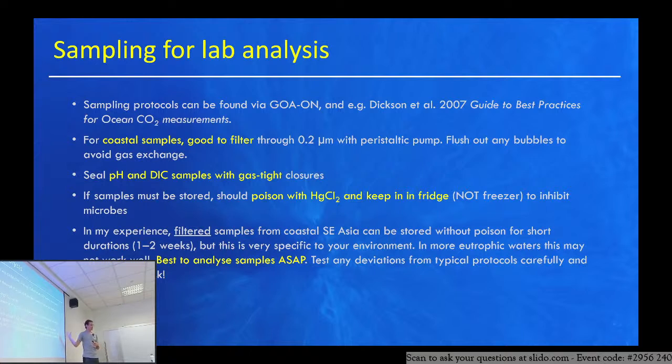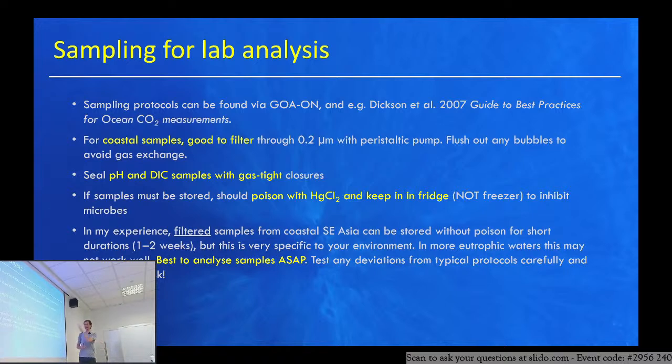Mercuric chloride is, of course, difficult: two days ago there was the Minamata Convention on mercury. It's really hard to move across borders, and it's not nice to take onto ships, especially little coastal ships rather than well-equipped research vessels. So this is not easy to achieve, which is why you can find some degree of workaround, but you need to be careful.